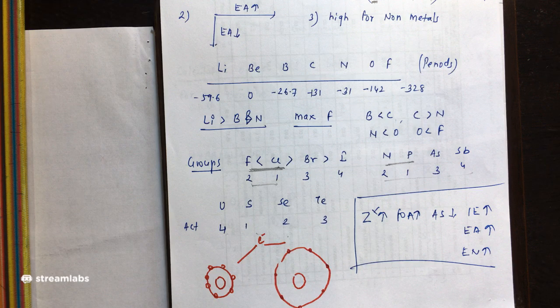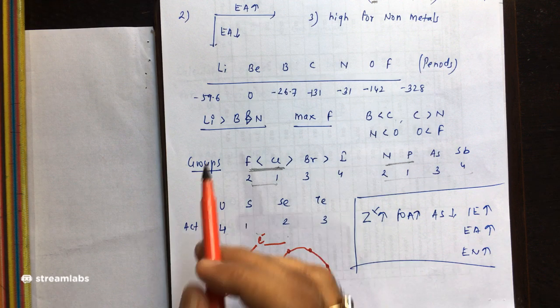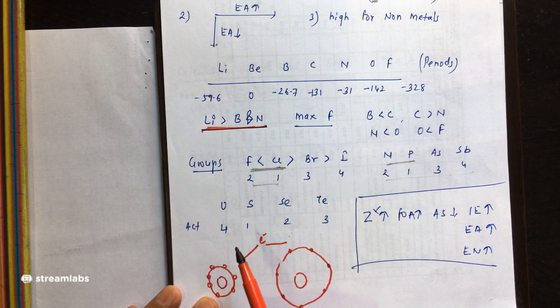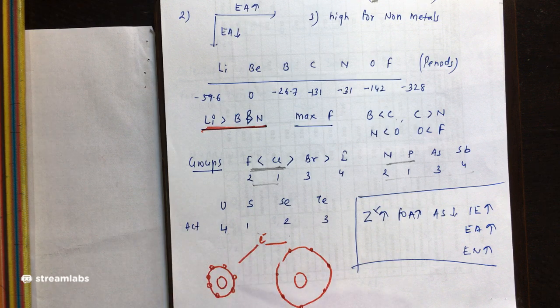The electron affinity of lithium will be greater than boron and nitrogen. Please remember this is an exception, because it all comes from thermodynamic calculations. Beryllium has no tendency to accept an electron. It has a saturated configuration, so its electron affinity is 0. Even for noble gases, which are saturated, electron affinity is 0.